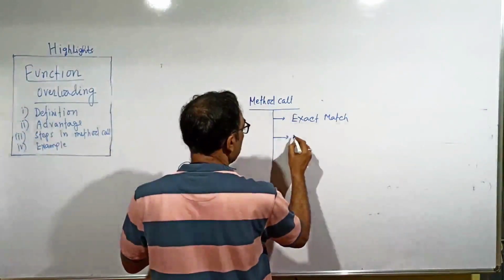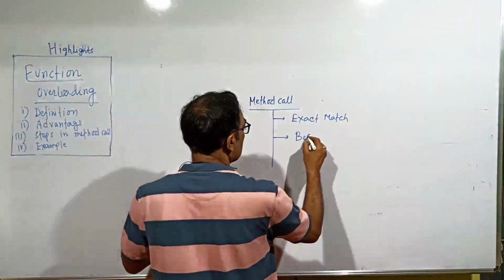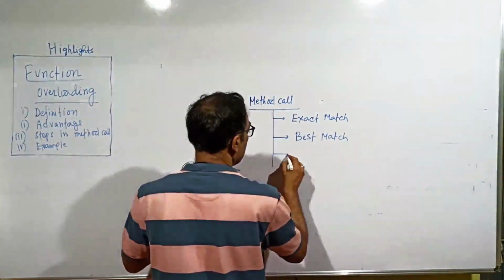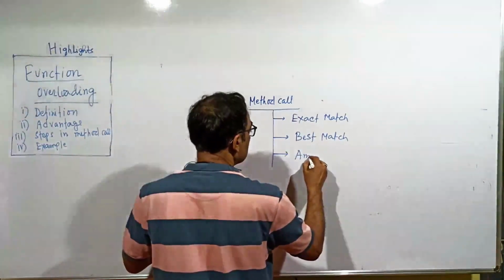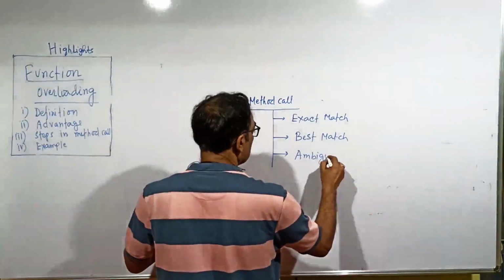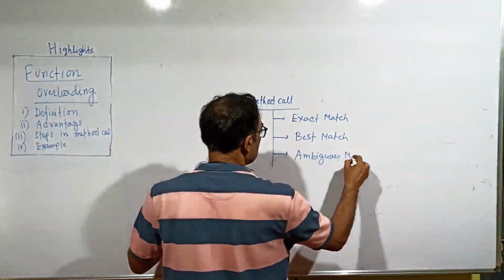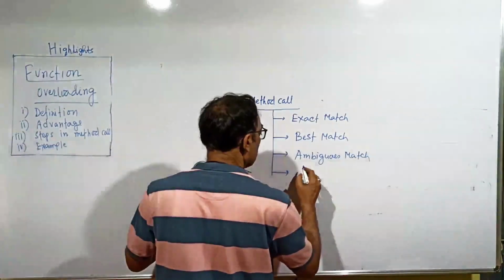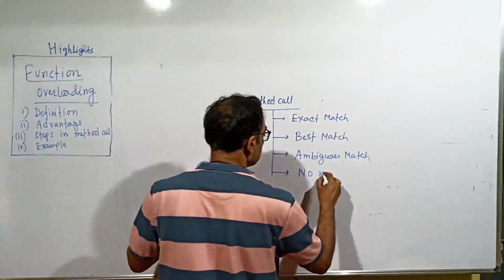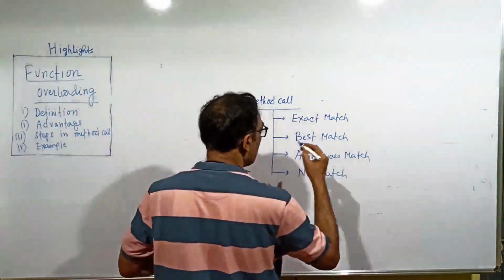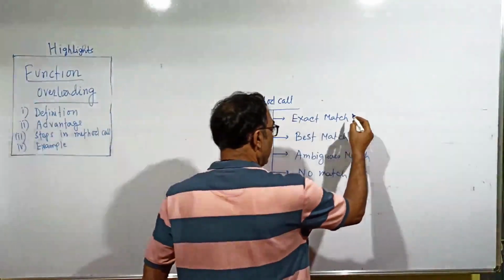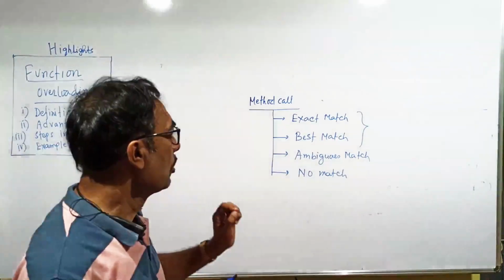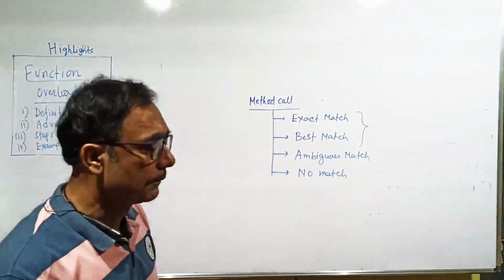Number two, best match. Number three, ambiguous match. Number four, no match. Now there are four cases which may take place when a method call is made.